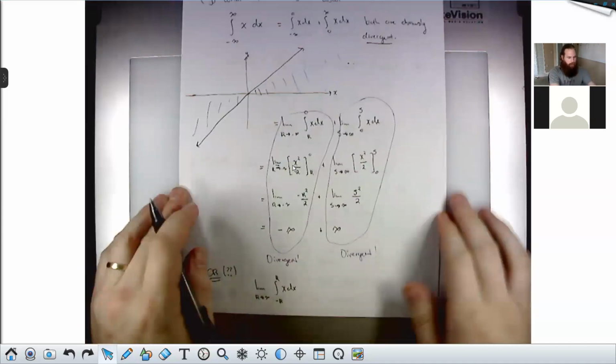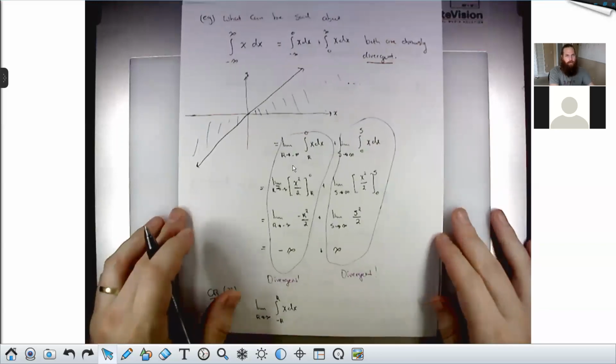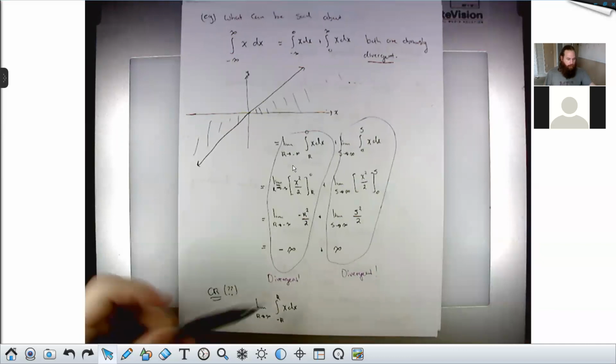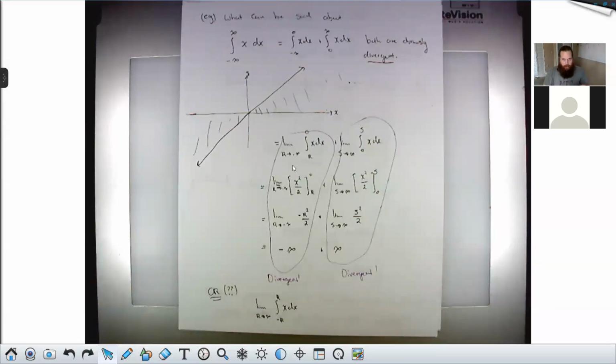So the bottom interpretation appears to be equally valid. As r goes to infinity, this would be negative infinity to infinity, right? It looks good. But the bottom one does not line up with our intuitive idea that the integral should converge if and only if the area is finite.